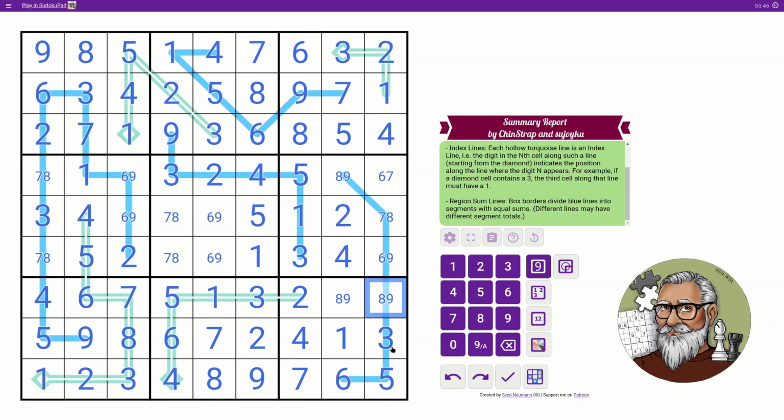Okay, and if this is an 8, then that's an 8. Oh, if this is an 8, now this one is an 8. Right. But 8 plus 7 is 15. Plus, oh, that doesn't work, because this would have to be a 9.